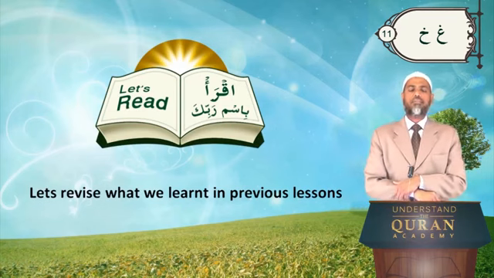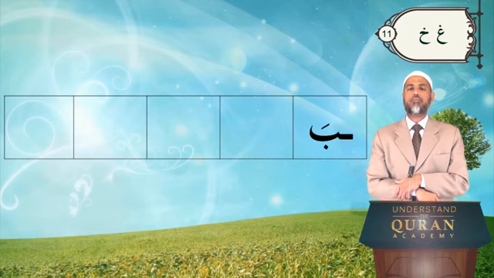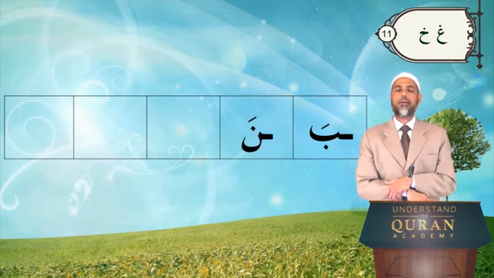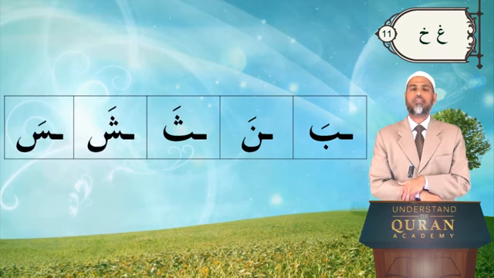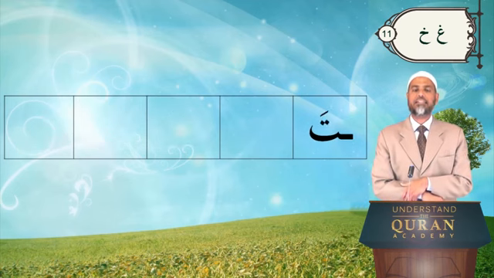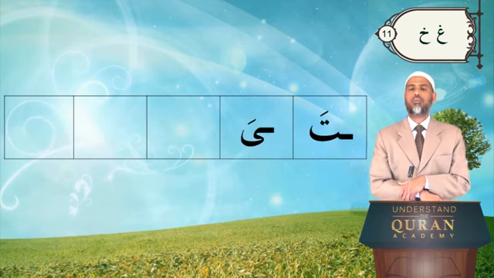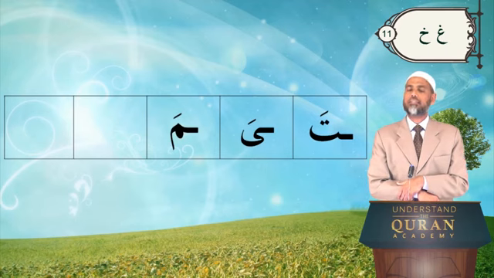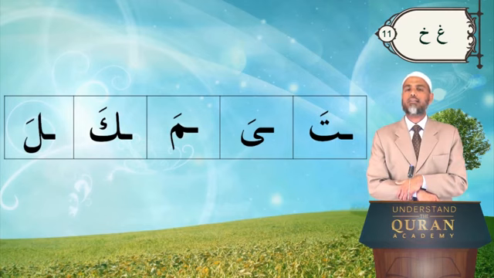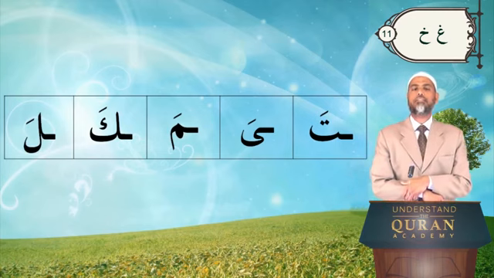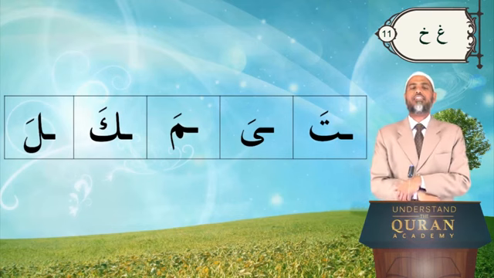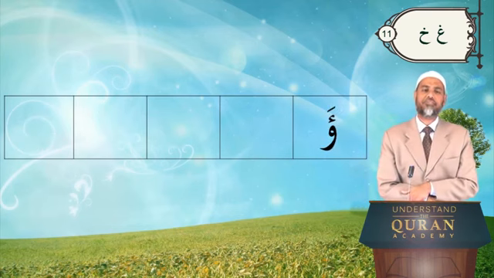All right, let's revise what we have learned in previous lessons. Ba, na, tha, sha, sa, ta, two dots on the top, ya, ma, ka with a cap in its lap, la, tall, long letter, light.